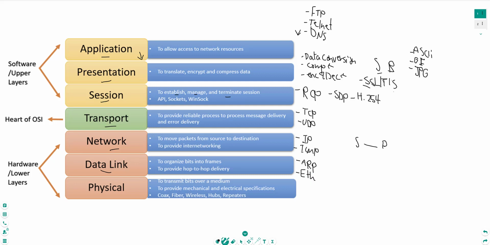Now coming to the physical layer. The physical layer's job is to transmit data over the physical cable. So you would have a sender and a receiver, and there would be a physical medium between them.